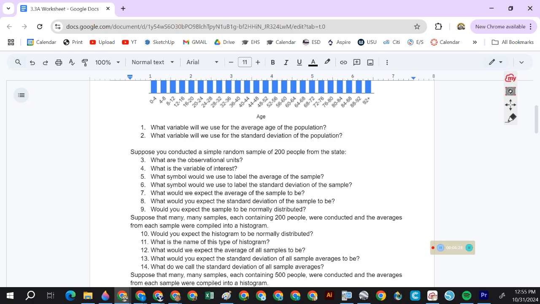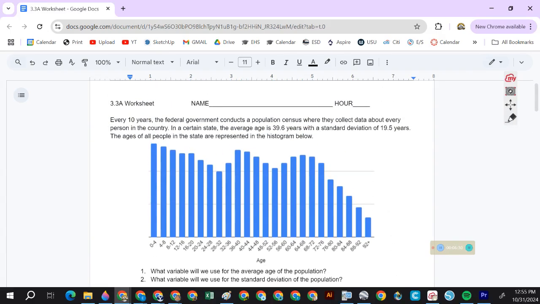So if we pull from this group of people, now we might only talk to 1 in 100 or something. So we might talk to this many people. So our sample should look just like the population.